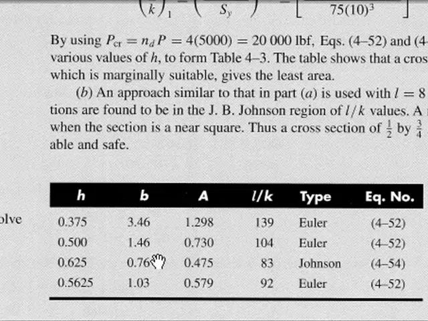We would either round up to the next standard size, but let's think about what's happening here. 0.76 is definitely safe for buckling for the 5,000-pound load. It's just not quite safe for a 20,000-pound load. Rather than going up to the next standard size, we could drop down to a 0.75. And what we would learn is that our design factor, or our factor of safety, is not quite the 4 that we thought it was.